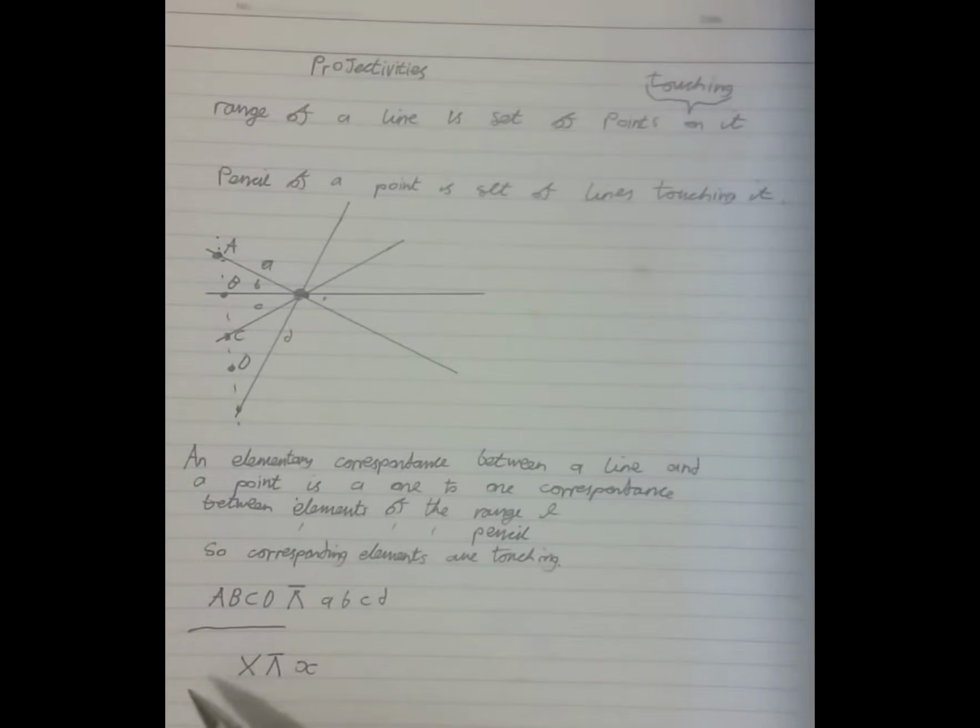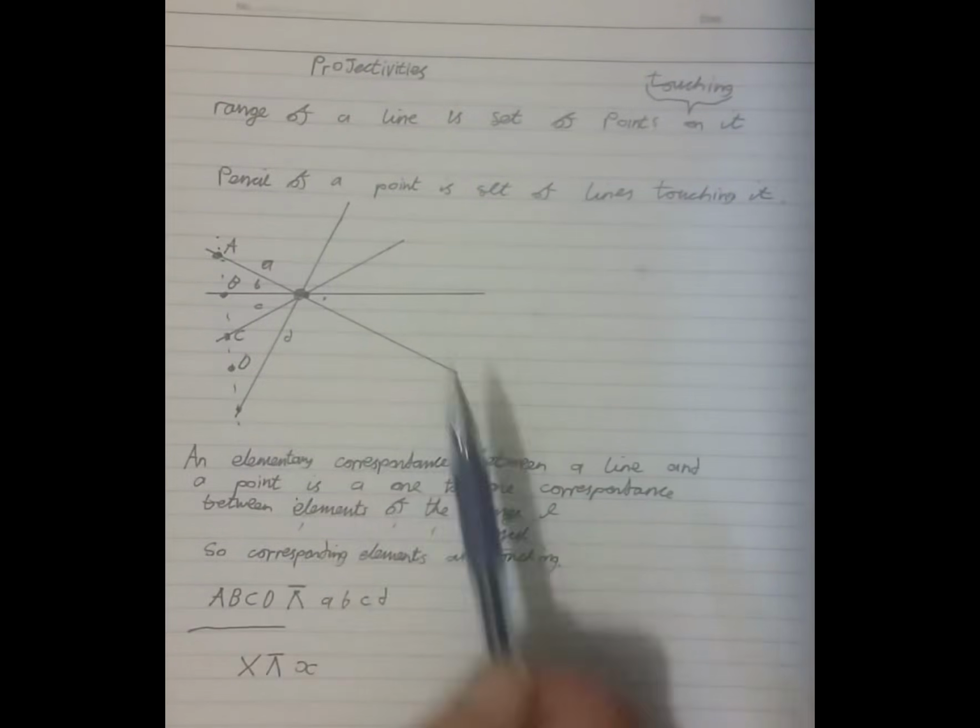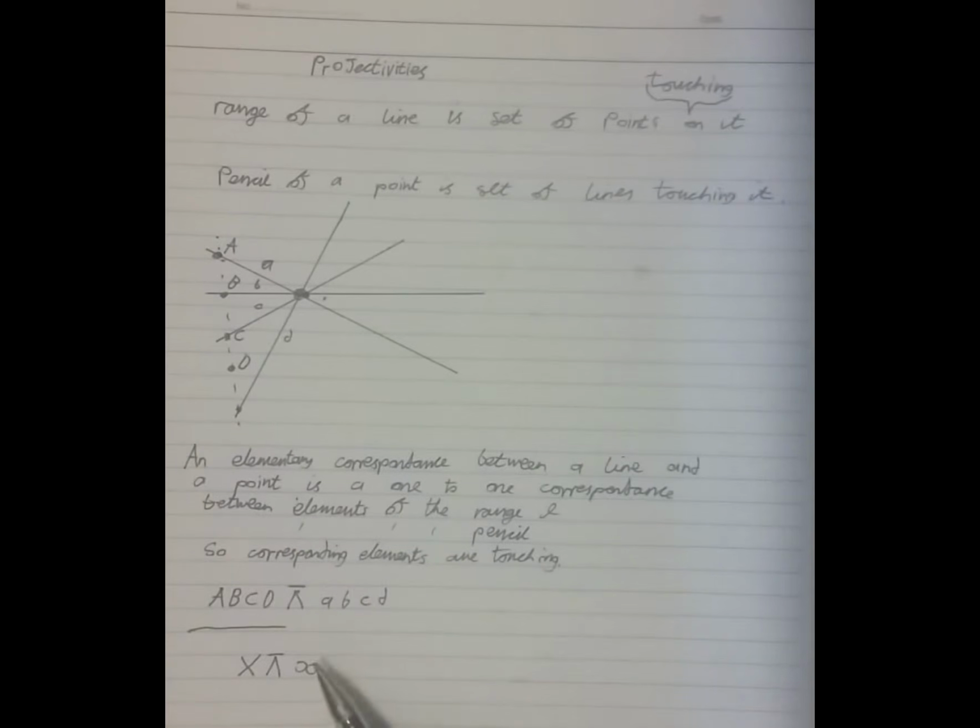So what he'd mean by this then would be that we think of X as a variable point on the line, and we think of little x as the image of big X, as in this is the member of the pencil which big X gets corresponded to.